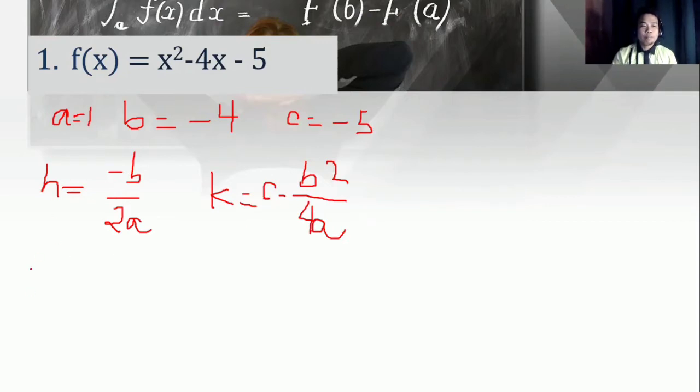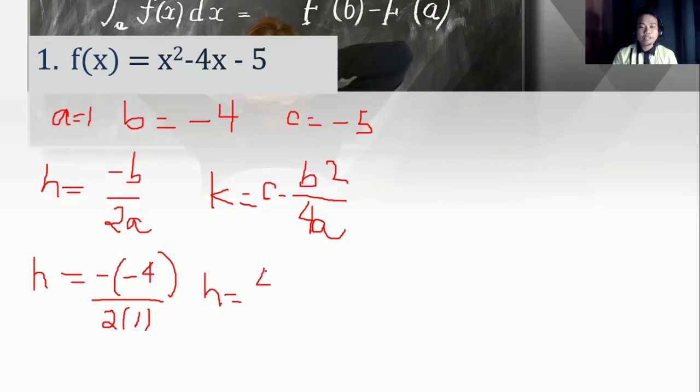Then, substitute the given values of a, b, and c to the formulas for h and k. So negative times b, which is negative 4, all over 2a, or 2 times the value of a, which is 1. Then h is equal to negative times negative 4. The answer is positive 4. 2 times 1, we have 2.